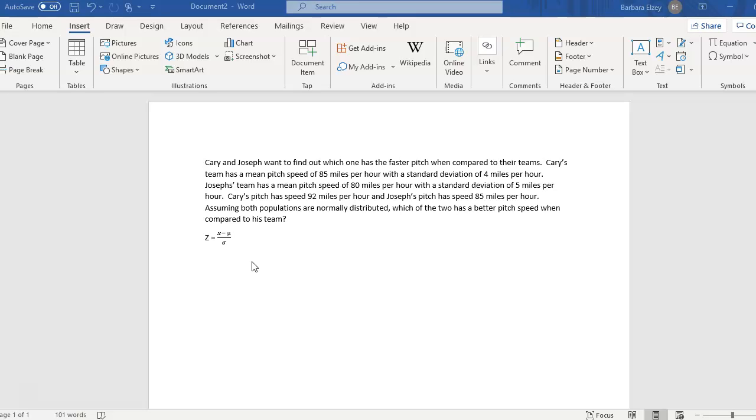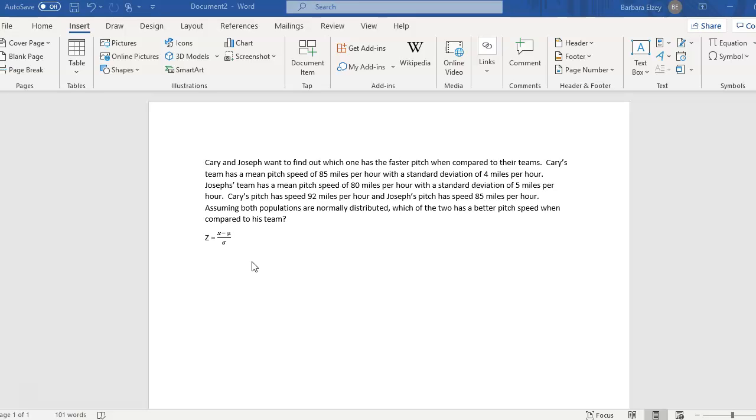So let's look at the question. Carrie and Joseph want to find out which one has the faster pitch when compared to their teams. Carrie's team has a mean pitch speed of 85 miles per hour with a standard deviation of 4 miles per hour. Joseph's team has a mean pitch speed of 80 miles per hour with a standard deviation of 5 miles per hour.